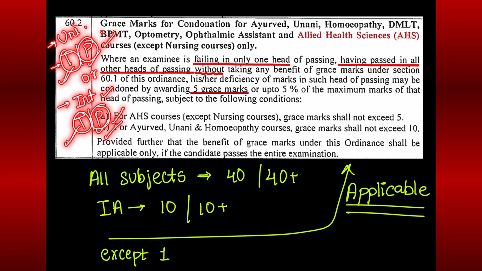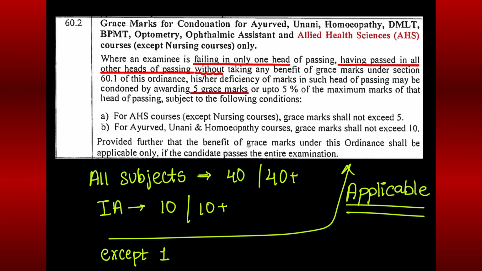I hope that you are clear with that, and in such cases you will be getting 5 grace marks, and this is applicable only when you have cleared other subjects with 40 or 40 plus, that means 50% marks, and in other subjects IA is also 10 or 10 plus, except the one where you want grace marks. So this is the 60.2 ordinance rule.